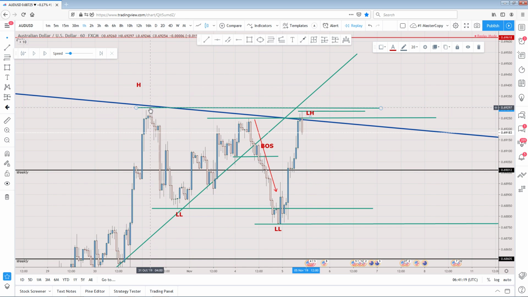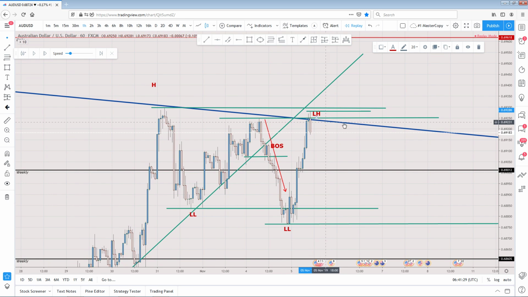So this is the high, and this is still a lower high. Yes, it went higher than this, but now we're back to wondering, is it going to go above this trend line, or is it going to get rejected? Well, it just printed a big bearish candle, and we did not go as high as the previous high.